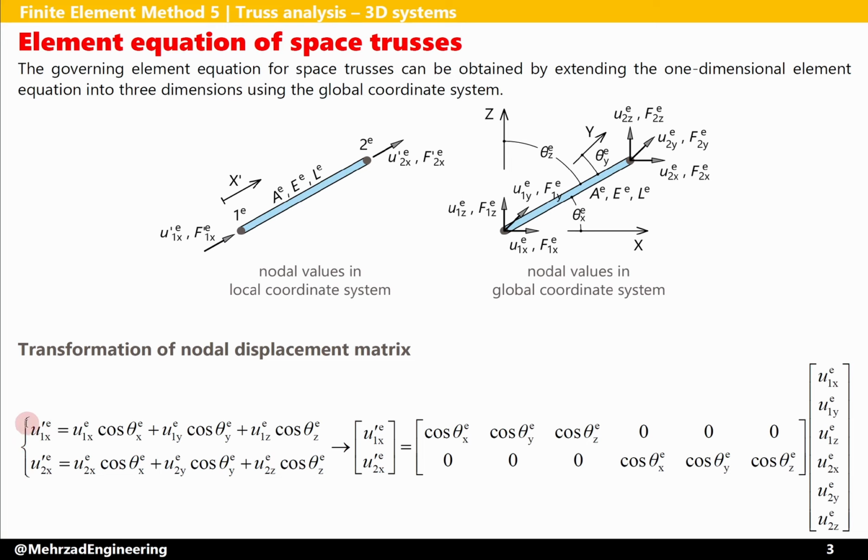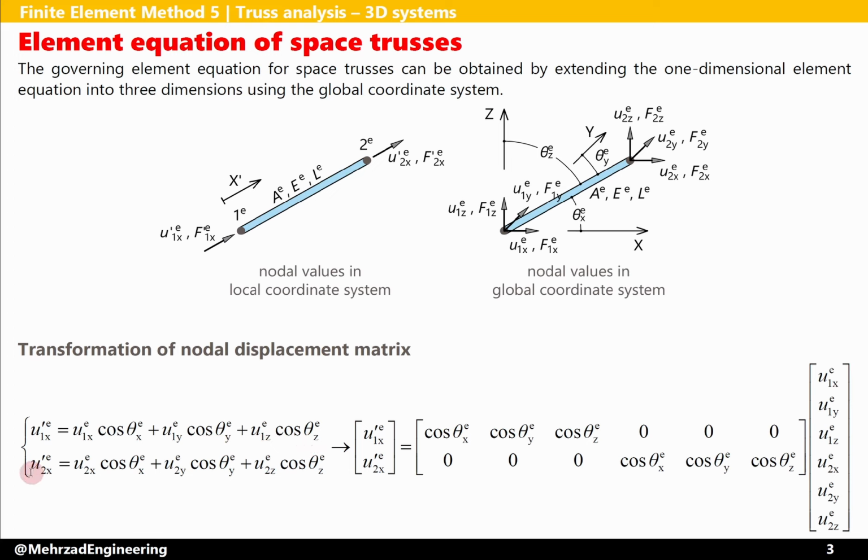So u prime 1x will be equal to u1x times direction cosine of theta x plus u1y cosine theta y plus u1z cosine theta z.